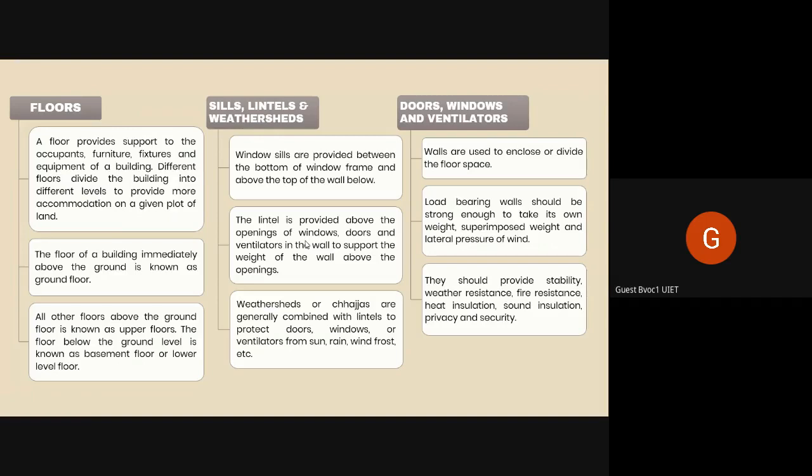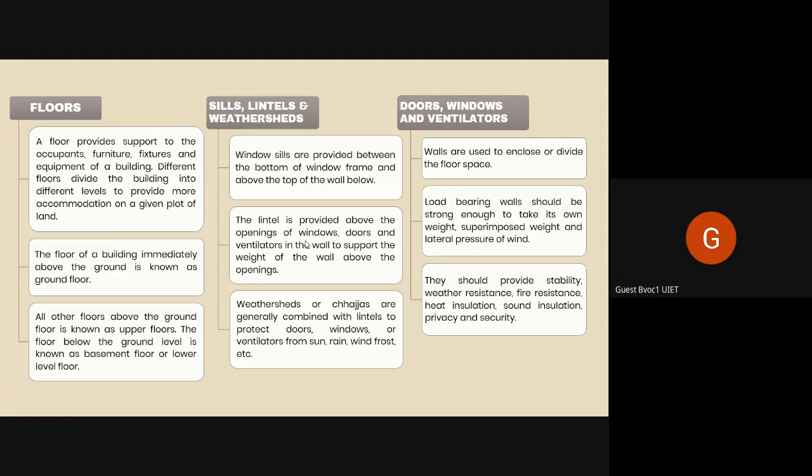The floor of a building immediately above ground level is known as the ground floor, meaning the plinth level. The moment you enter the building, climb up the plinth and enter it, that is the ground floor. Maybe the upper ground floor even, if you have 10 or 12 steps. Suppose like in the fine arts building, you have to climb at least 10 to 15 steps to reach the plinth of the building.